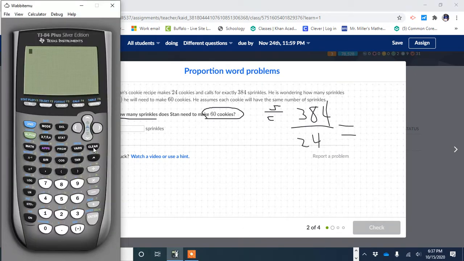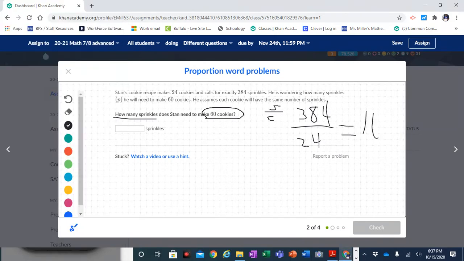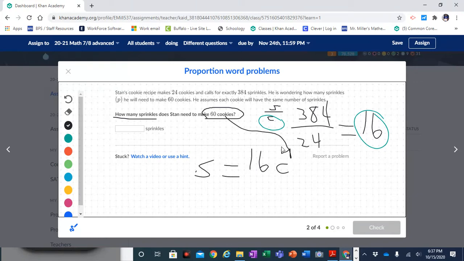And when I do that, I get 16. So again, the number goes with the letter on the bottom. So my equation would be S equals 16C. This time they gave me C. I know what C is.